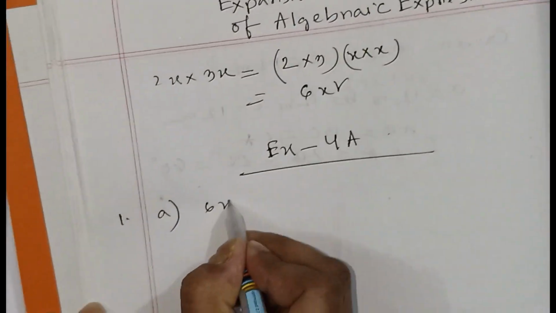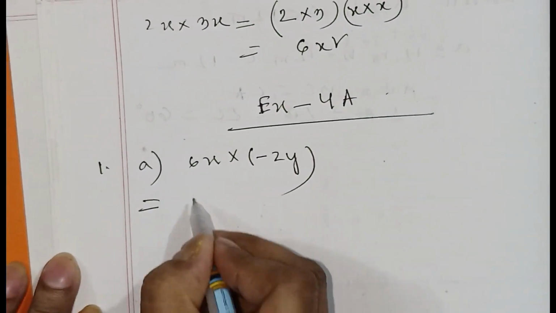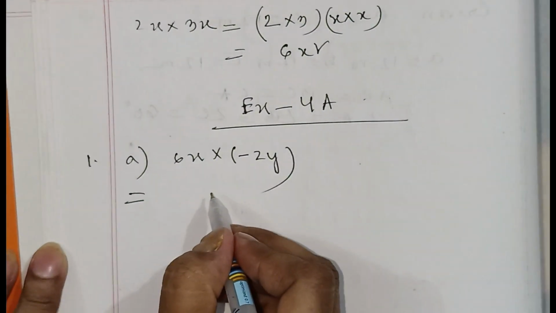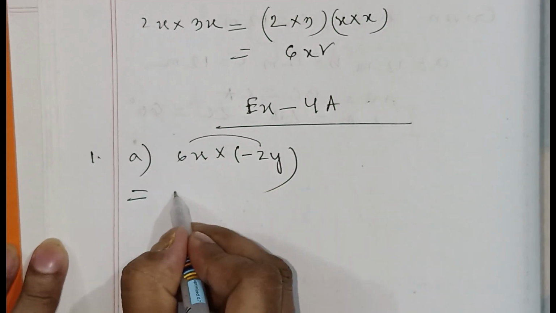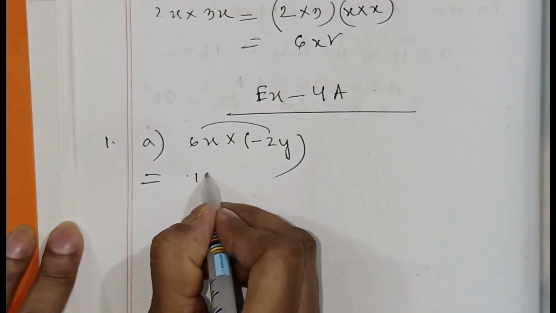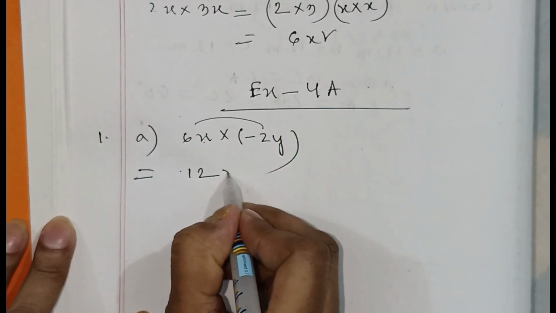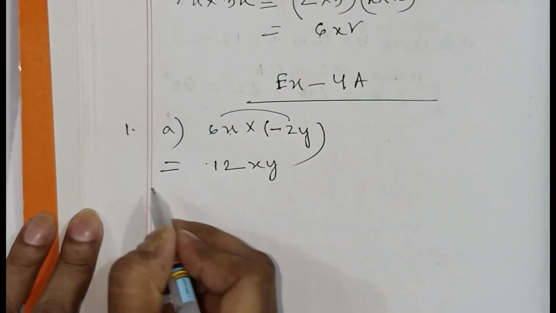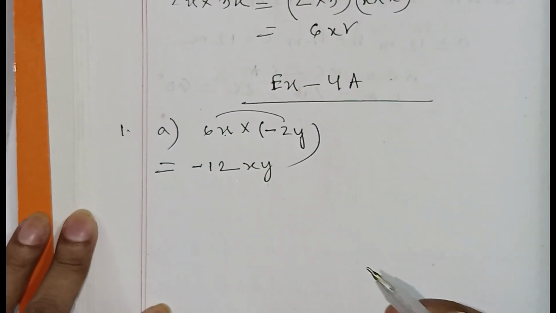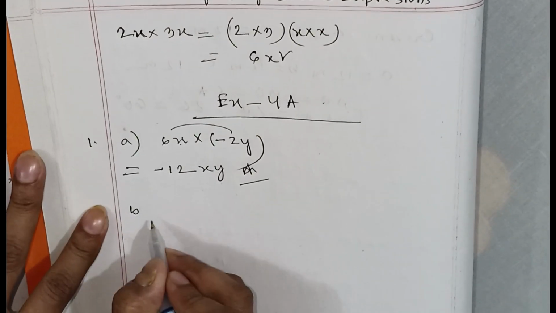1a: 6x into minus 2y. So at first we multiply the coefficients, 6 into minus 2, and x and y are multiplied, xy, and the minus sign is put down. That's it. This is the answer.